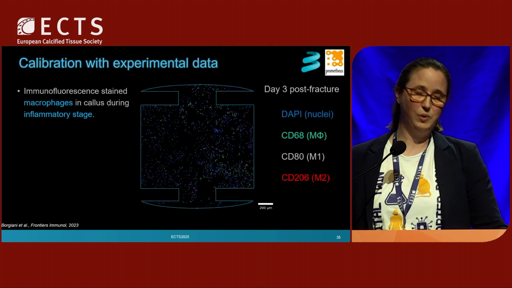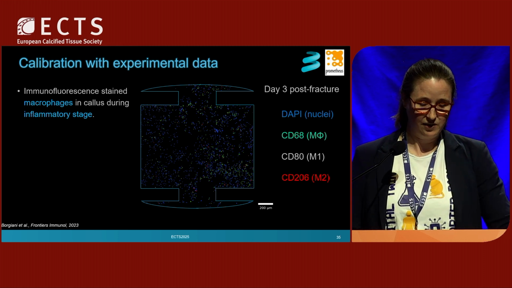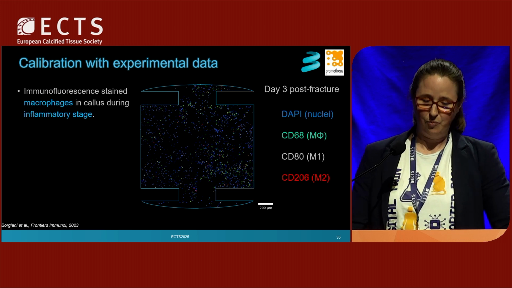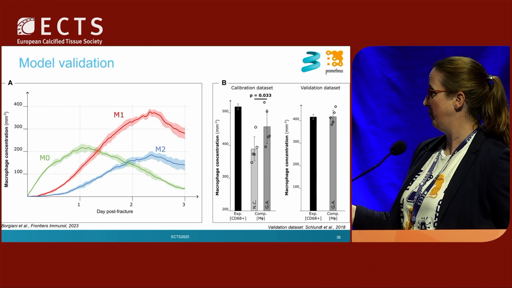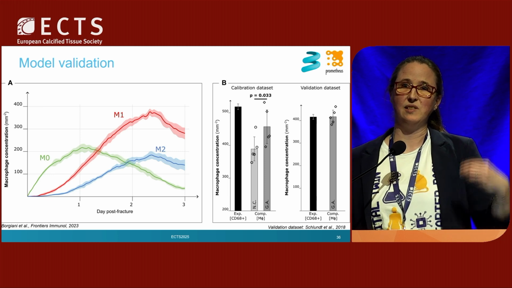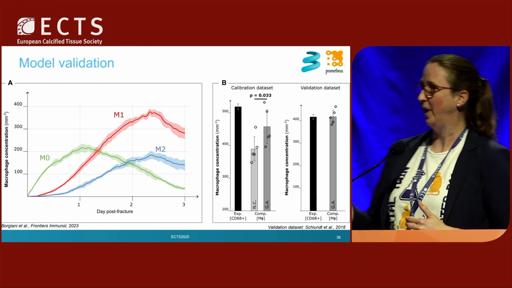What we then did is we took data from experiments looking at immunofluorescence for these different cell types that we had in the model. And then we focused in the first instance mostly on the amount of M0, M1, M2 over time, the very early phases of fracture healing, where we used our own experiments as a way to calibrate using genetic algorithms to make sure that we had values.